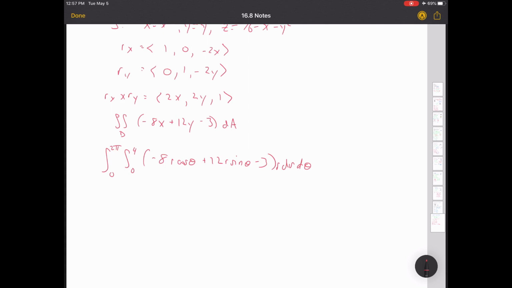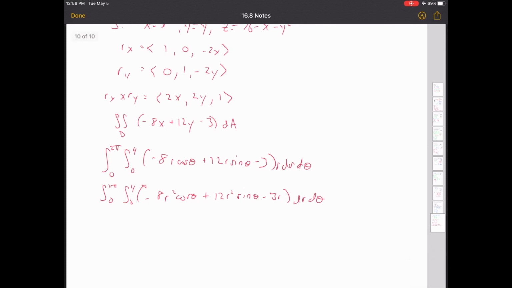Okay, unfortunately we cannot separate these things, so let's go ahead and distribute the r. So we're going to get negative 8 r squared cosine theta plus 12 r squared sine theta minus 3r dr d theta. So again, we're going to have to go step by step here.